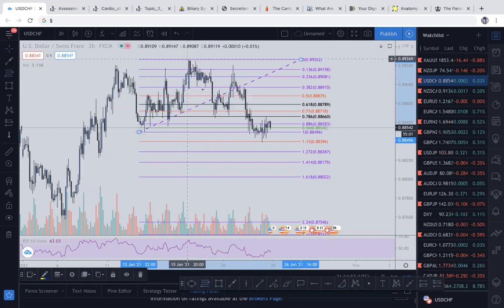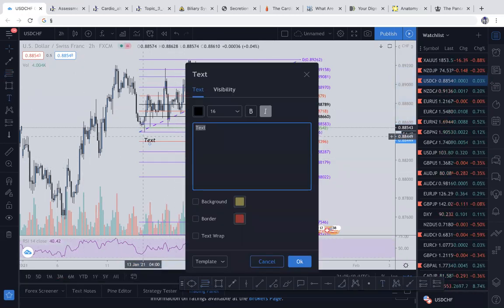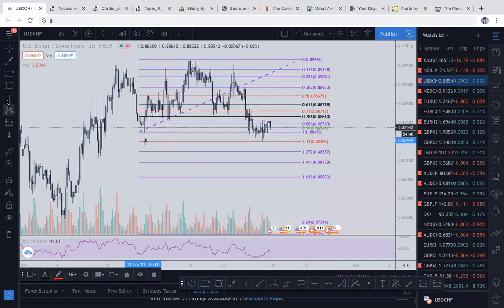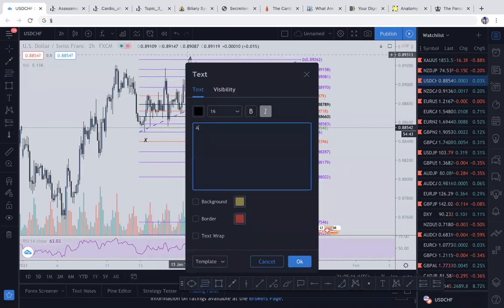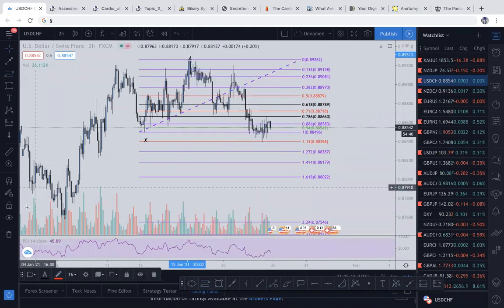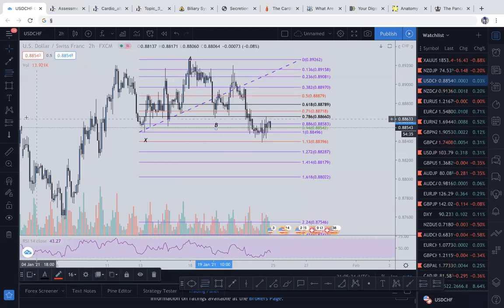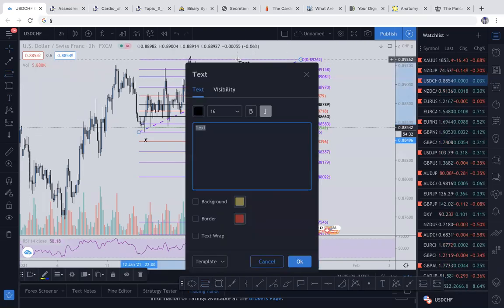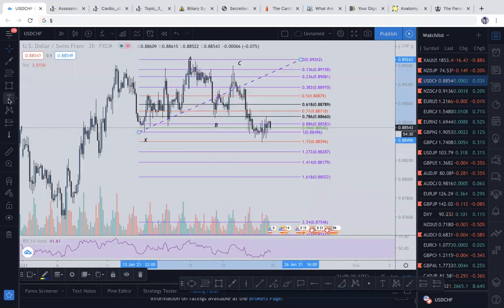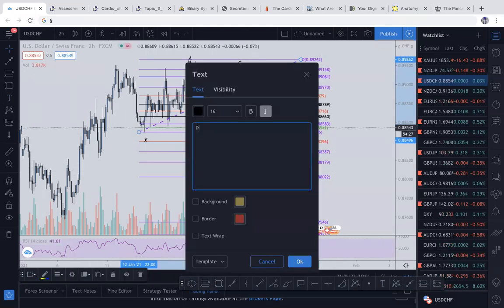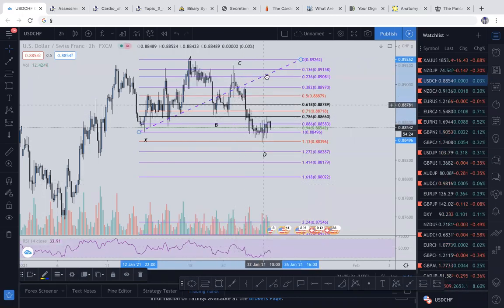X, A, B, C, D. Let's put some letters to it: X, A, B, we'll flip them out later, C, D. Now let's do the fibs, like I said.